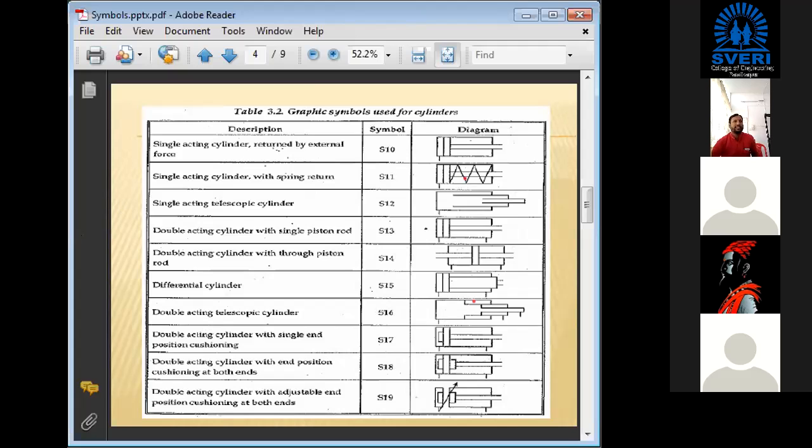First, if you want to indicate a single acting cylinder returned by external force, then this is the symbol for a single acting cylinder.